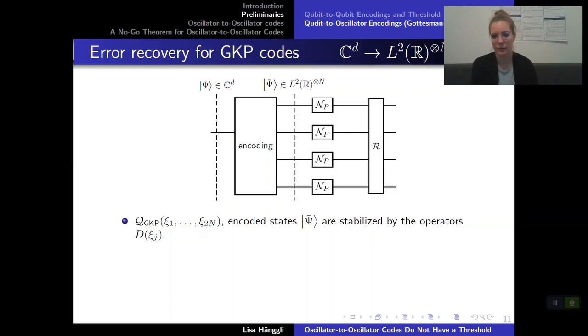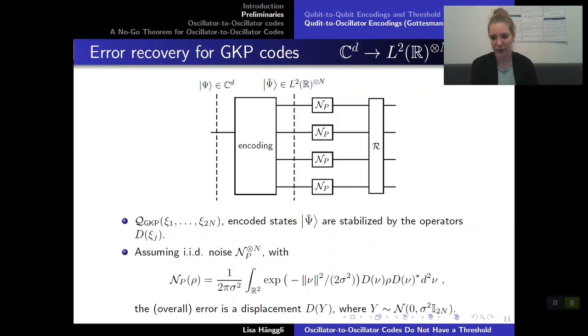Then after the encoding, we again have a physical noise process, which we assume to be identical for every mode, and for a single mode, it is a random Gaussian displacement noise. So the overall error in this case can also be described by a displacement with respect to a vector which follows a centered normal distribution with variance sigma squared.